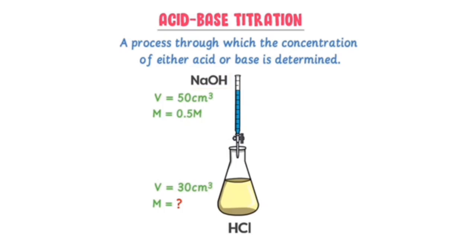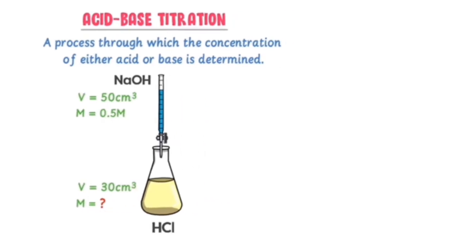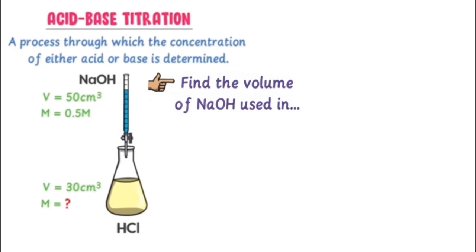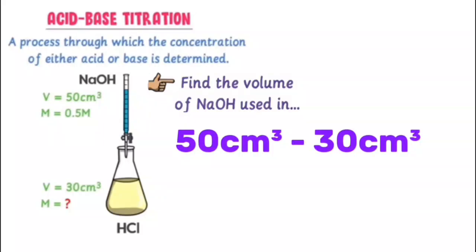We know that the volume of HCl is 30 cm3 and its concentration is unknown. To find the volume of titrant, sodium hydroxide, used to react with analyte HCl: the initial volume of titrant was 50 cm3 and the final volume of the titrant is 30 cm3. So always subtract final volume from initial volume.